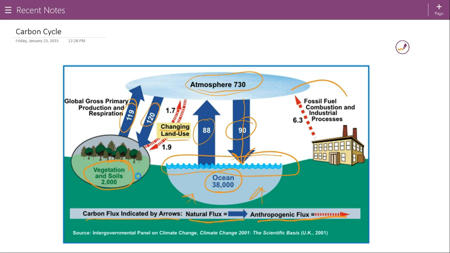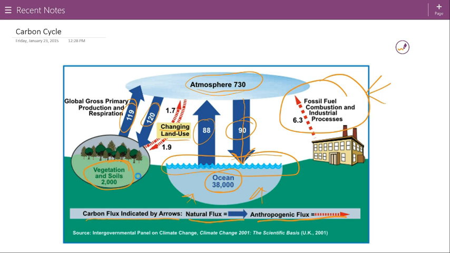And then over here we've got the fossil fuel combustion and industrial processes, and that's adding 6.3 units of carbon to the atmosphere. So this is the main number that is in question, and that people are saying is adding to the carbon content of the atmosphere, because you can see all these other numbers are fairly small.